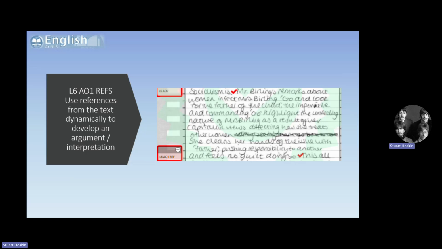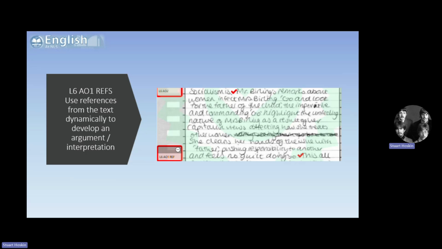The point here is that it is Mr. Burling who has infected Mrs. Burling with his kind of attitudes. How do we prove that? Well, let's use this one. Let's use the idea of an imperative because it shows she's unfeeling. And let's consider how she is cleaning her hands of the issue with father as part of what's in there.